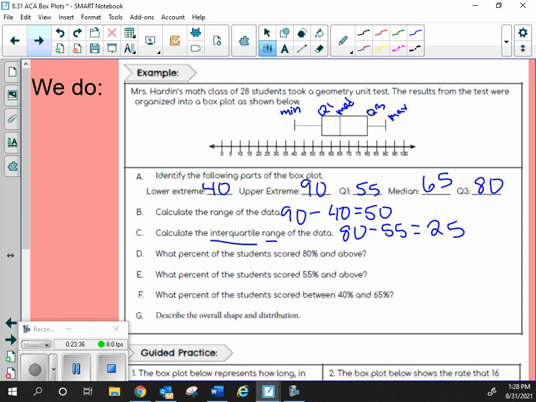Let's look at these last few questions. Now we're getting into questions about percent. What percent of students scored 80% and above? We need to find 80% on the graph and go above. What percent did that mark? 25, because that's from Q3 up.